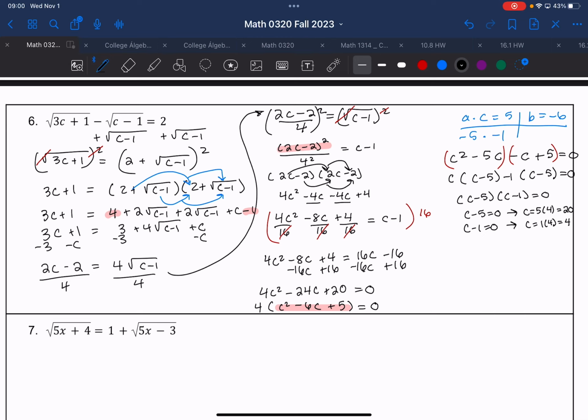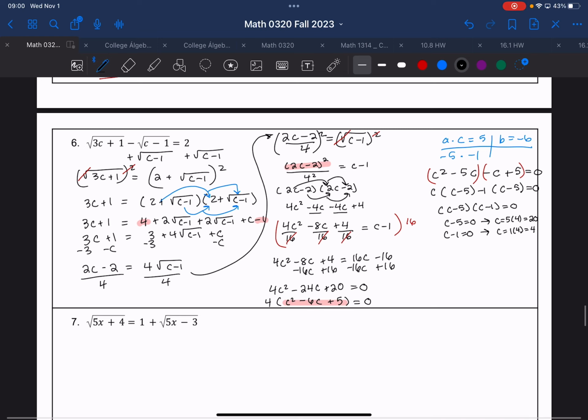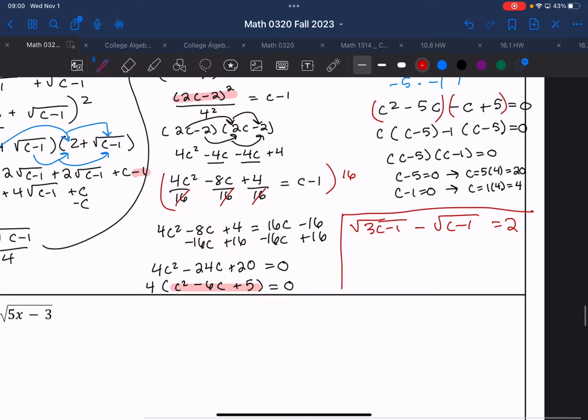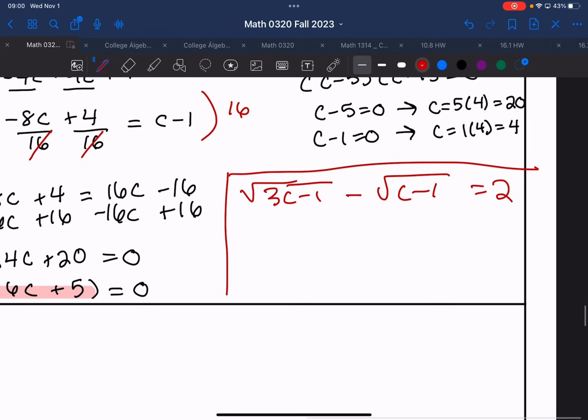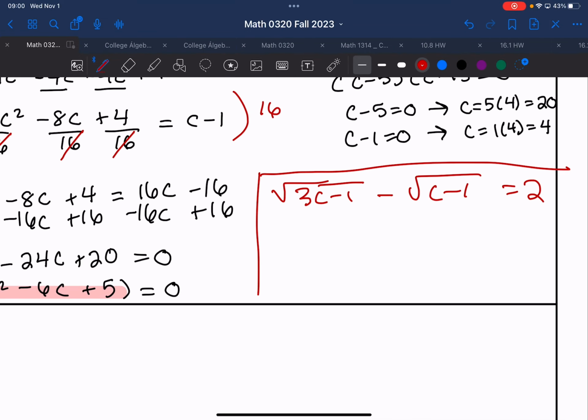Last step to see if our answers are correct. What do we do? We check. So I'm going to rewrite the equation down here. We're first going to check 20, then 4.